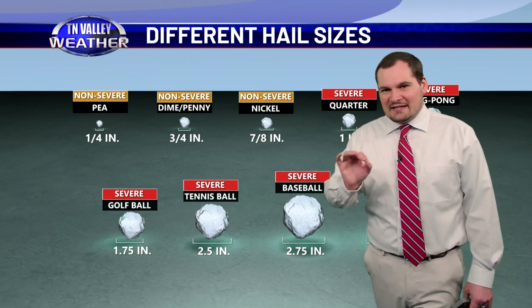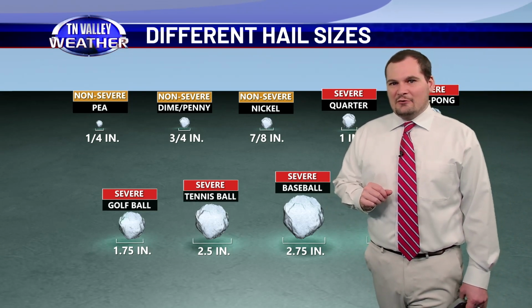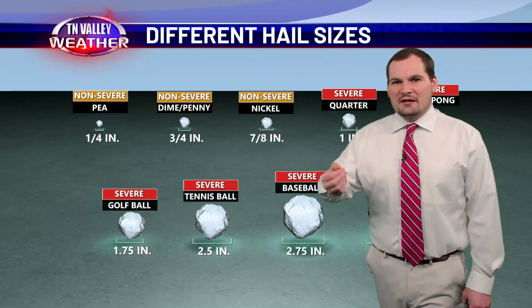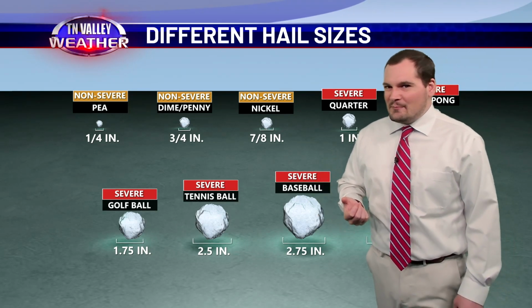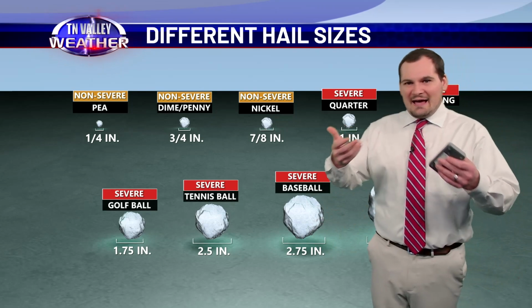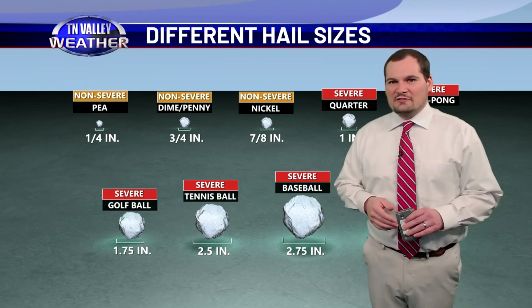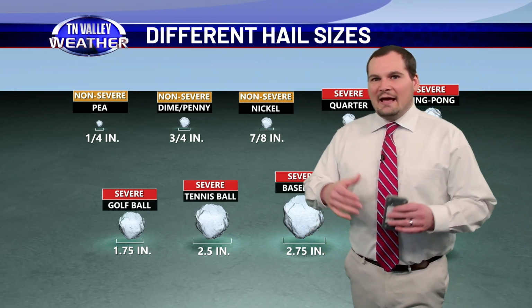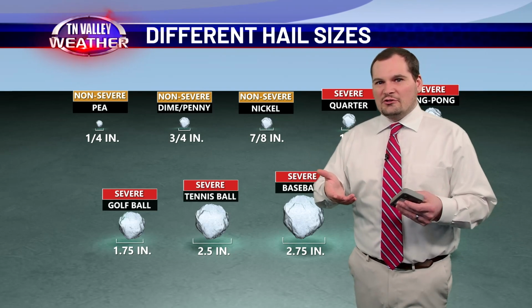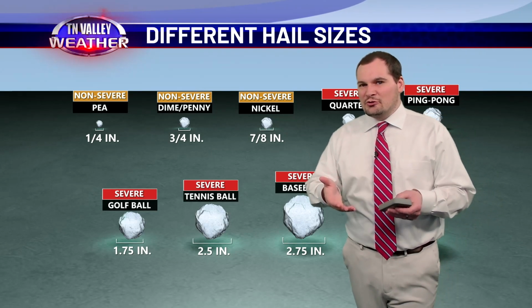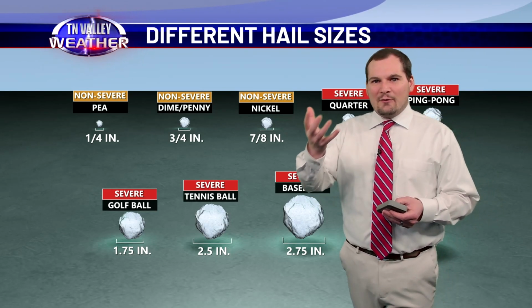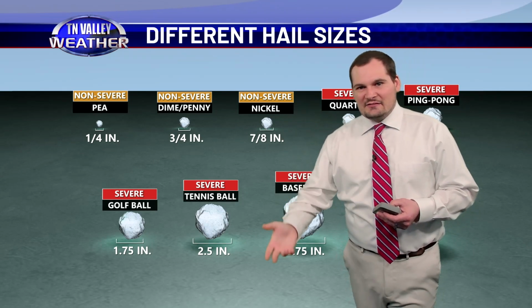But the distinct thing with these different sizes of hailstones is it can actually tell you how strong the updraft is. Like I mentioned, the updraft has to be strong enough to keep those hailstones up in the cloud and continue to get larger and larger and larger. But at some point, that updraft is too weak to carry that weight up in the storm, and they start crashing down.